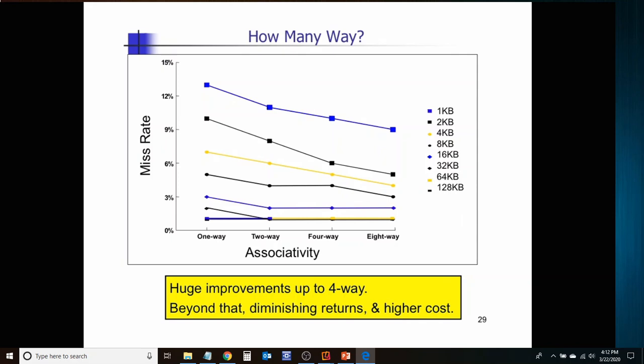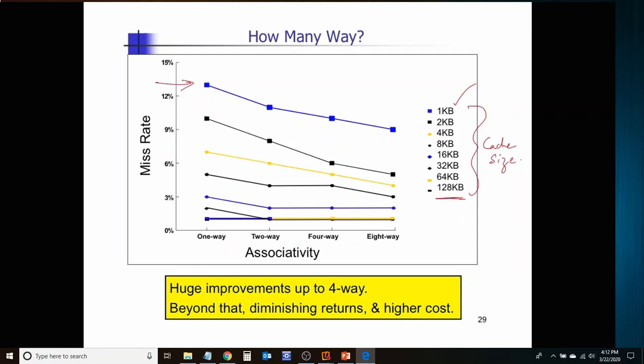So over here we have a chart. On the x-axis we are suggesting the associativity, so 1-way all the way to 8-way set associative cache. On the y-axis we have the miss rates, and each of these line plots corresponds to a different cache size. So obviously if you have a small cache, you are going to have a high miss rate.